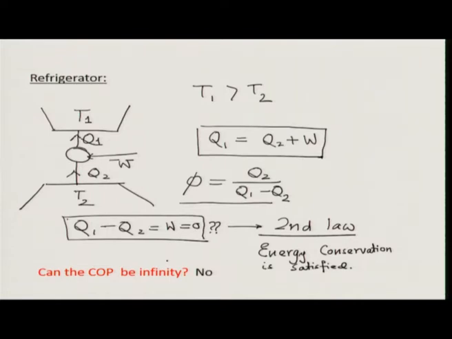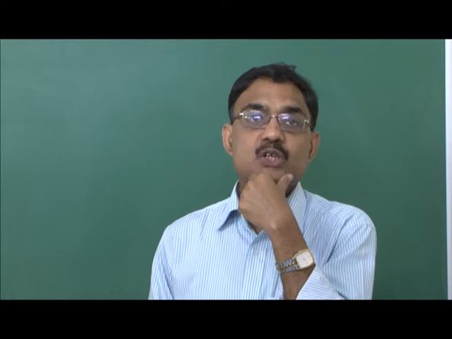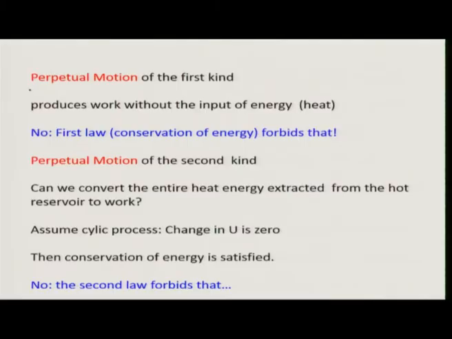Before that, I told you that there is a possibility of having two types of machines. The first is called perpetual motion of the first kind. Historically, physicists and philosophers asked these questions.